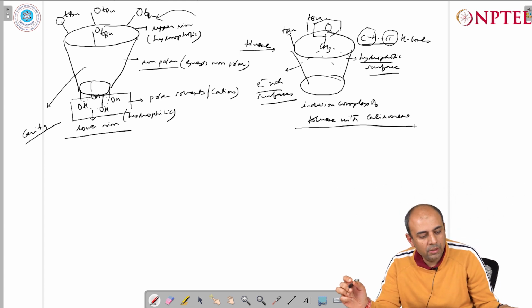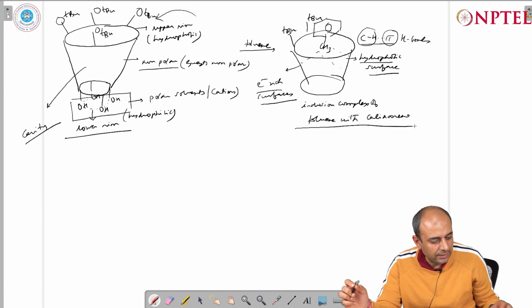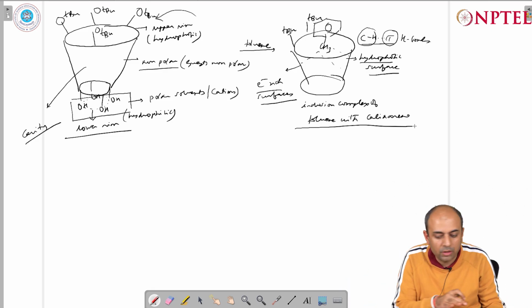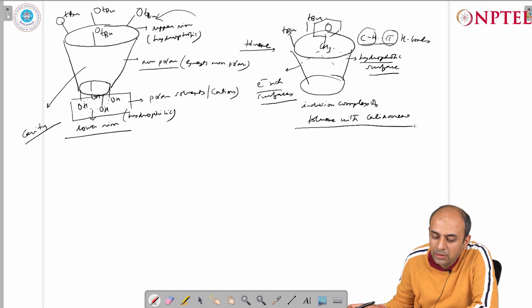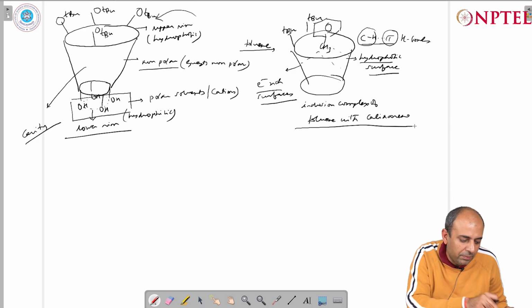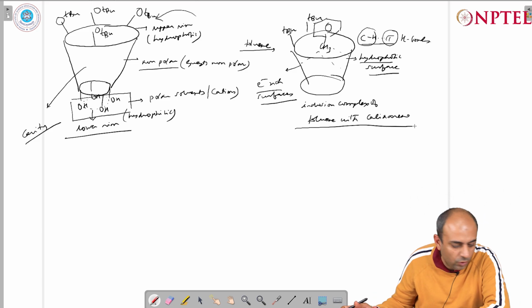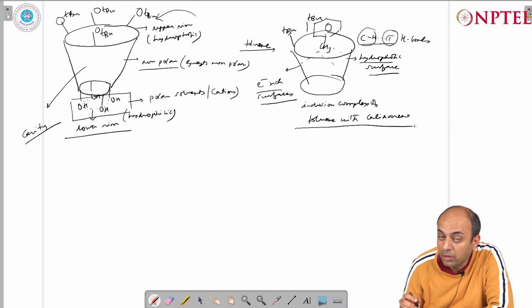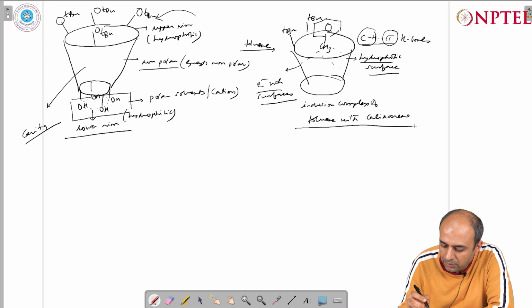The next thing which we must realize with respect to calixarene is that this particular molecule is conformationally quite flexible. Okay, it is conformationally quite flexible and it exists in different conformers. Let us look at the different conformers in which this calixarene exists. So, this particular conformation is called the cone conformation.